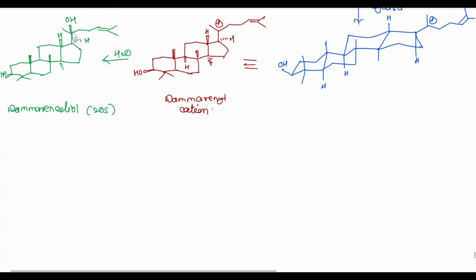The configuration of this chiral carbon is S. So both 20S and 20R dammarenediols are known. So attack may occur from either side of the cation. Instead of attack of water, if we shift a 1,2 hydride and a 1,2 methyl shift, then we get euphol.